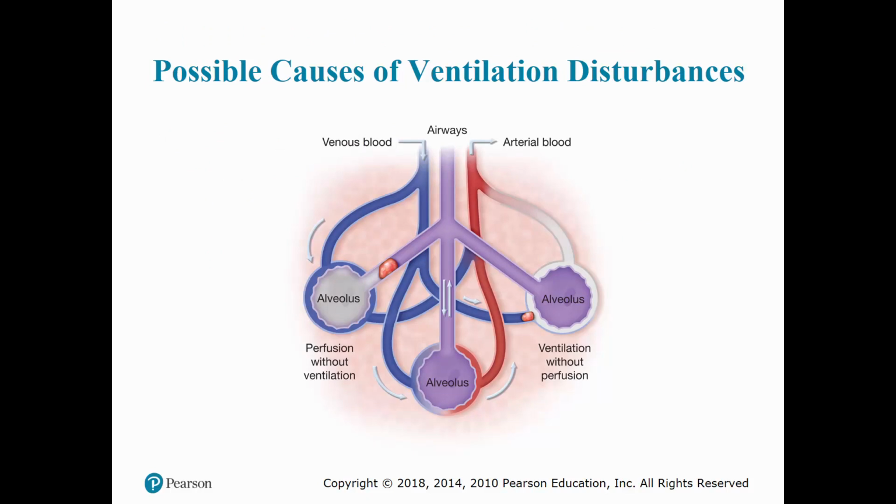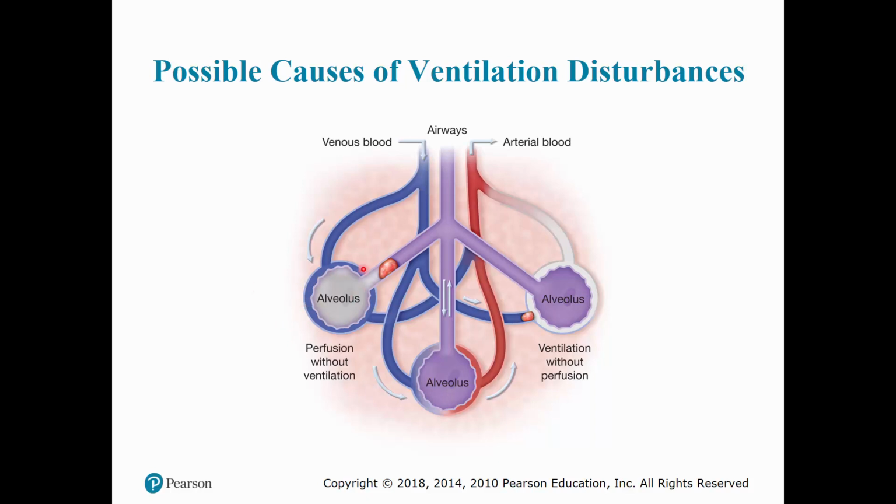The ventilation-perfusion ratio is the match between the amount of air entering the alveoli and the amount of blood circulating to the alveoli for gas exchange. A ventilation-perfusion mismatch leads to decreased gas exchange between the alveoli and alveolar capillaries. So when you have blood flow coming through here and you have perfusion without ventilation, none of this blood is able to be properly oxygenated, hence why it's blue.